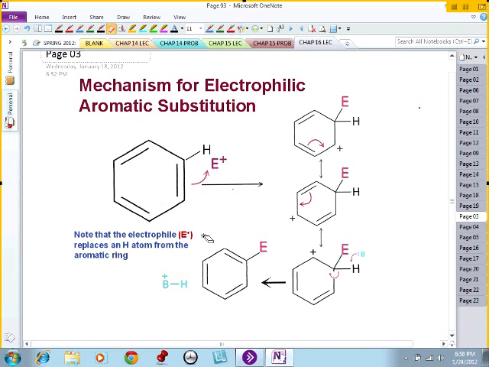In essence, we have replaced the hydrogen. Therefore we say this is an electrophilic aromatic substitution reaction. This is the classic mechanism for all of these reactions, and this electrophile could be anything.